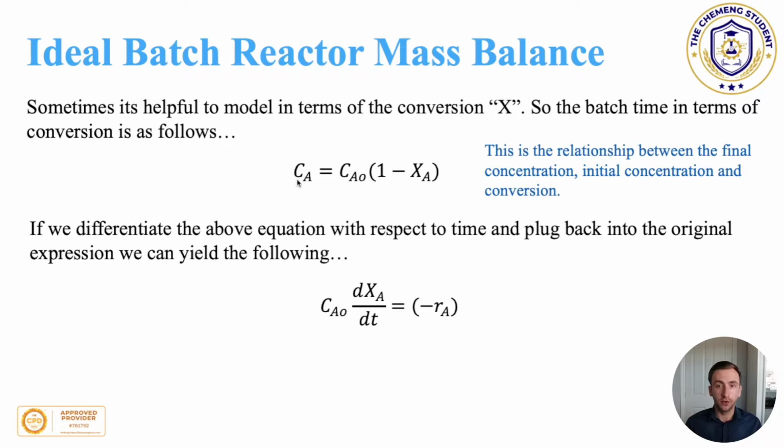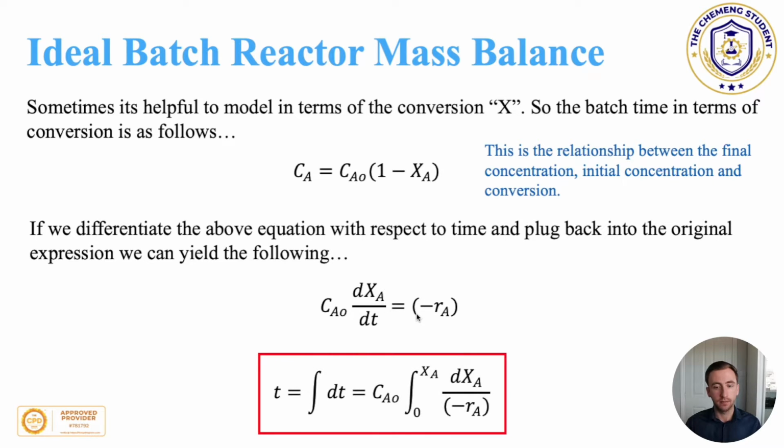Now, what we can then do is simply apply the same methodology, but turn this into a differential equation. So if we differentiate this with respect to x and time, and we put this back into the equation, we can represent this for minus Ra.